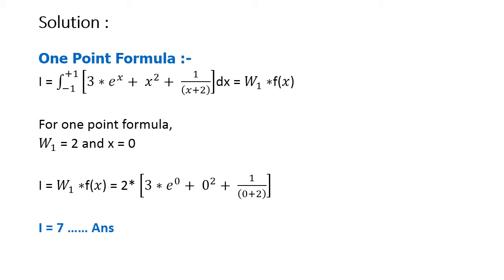Solution. In the solution, first we will see how to find the integration by using the one point formula. Let us consider the original equation which was given in the problem statement: integral I is equal to the integration from -1 to +1, lower limit to upper limit, of 3 e raised to x plus x square plus 1 upon x plus 2 dx.